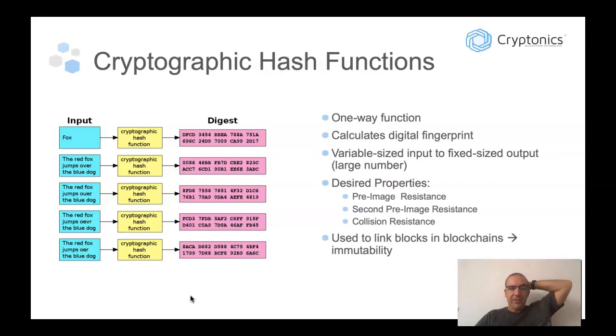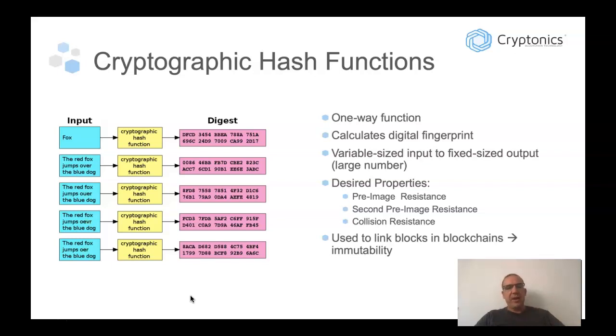As I've already said, a cryptographic hash function should be one way, meaning it cannot be reversed easily. And that is used to calculate the digital fingerprint of the input data. We're mapping, as I've said, variable sized input to fixed size output. So you might have 3 megabytes of input, but you always get out 256 bits of a hash value.